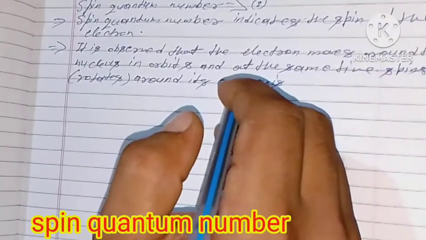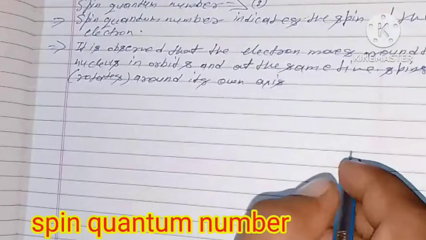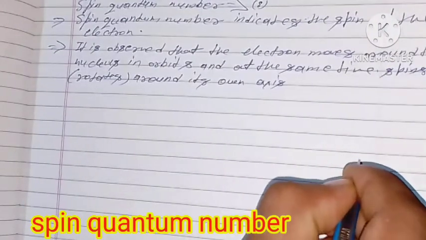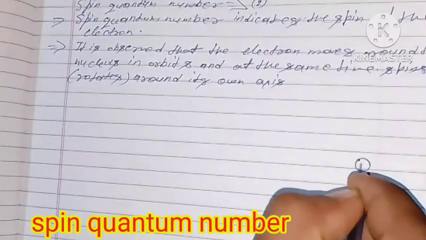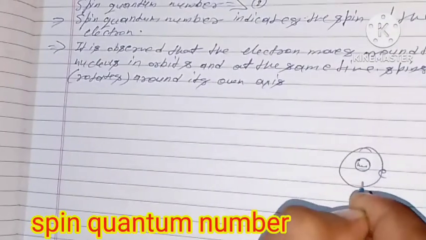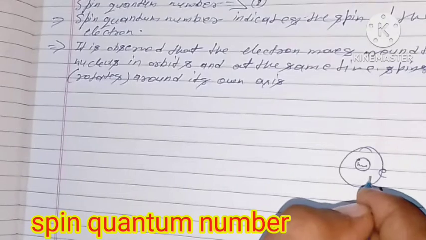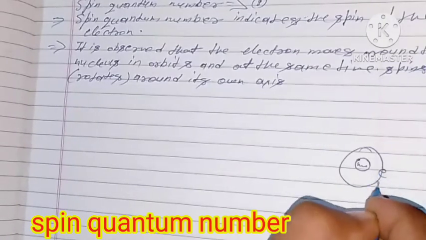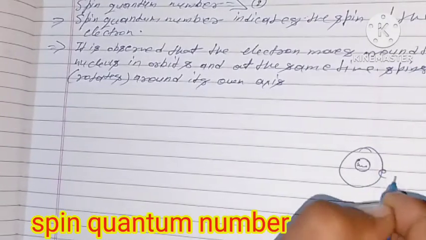The spin, that means any electron moves around the nucleus and moves around its own axis.